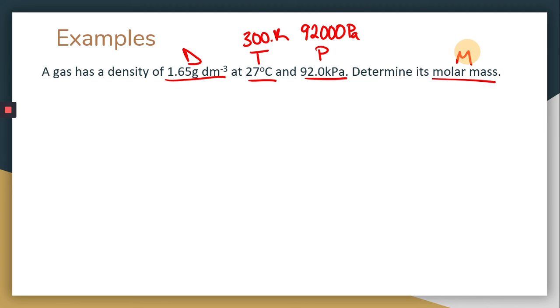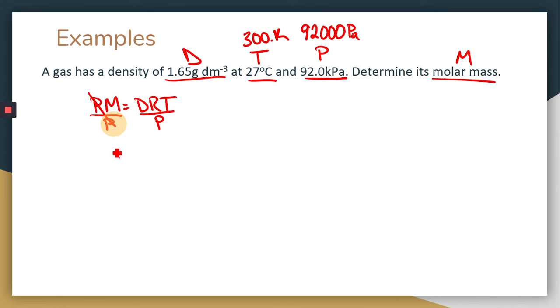So here we have a situation where we're going to use the application of the ideal gas law, PM equals dRT, and we're solving for the molar mass, which is the M. So we're going to divide both sides by P, and so the molar mass is equal to density times the gas law constant times temperature divided by pressure.